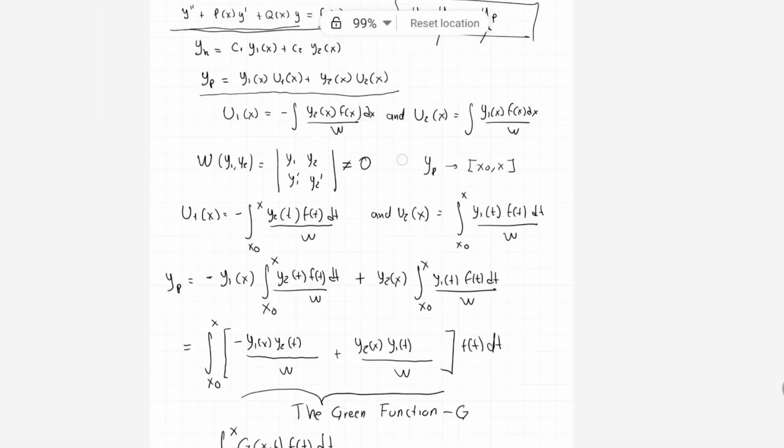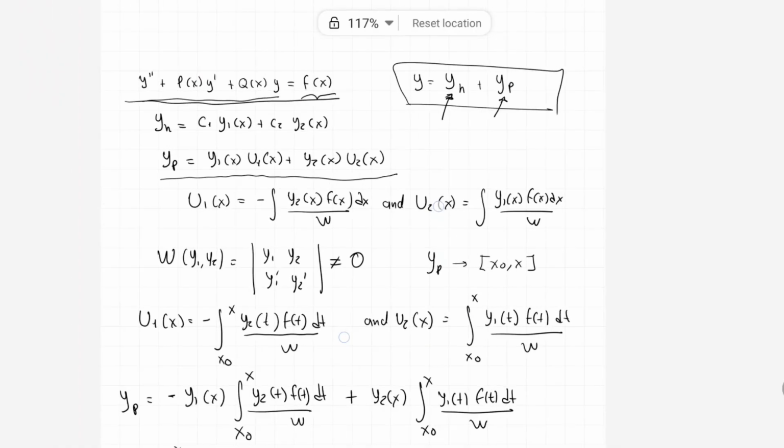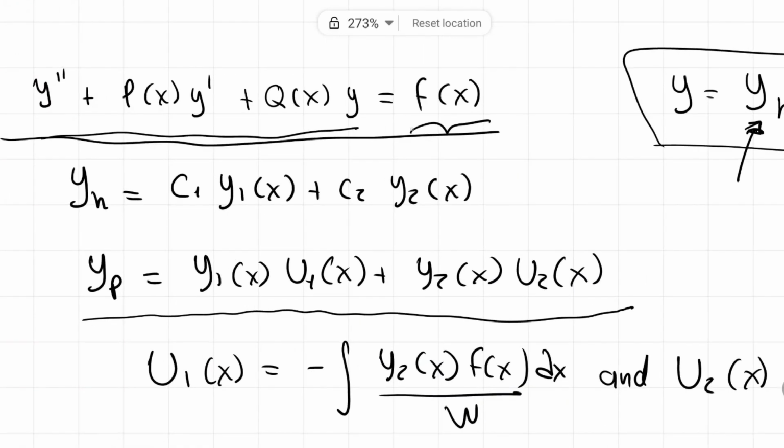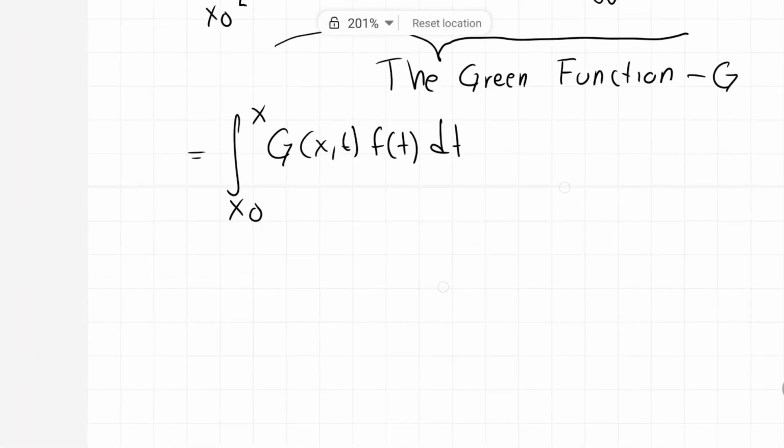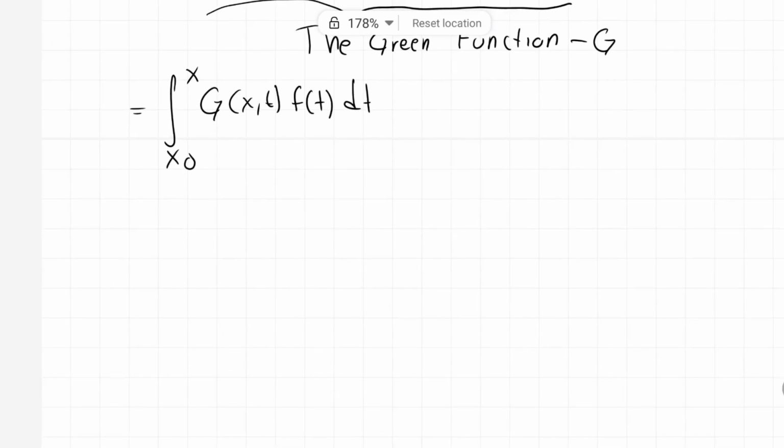And remember that f of t is the function that we have here in the definition of the differential equation, but evaluated at x equals t. Okay, so now we have defined the Green function, which is defined in terms of a differential equation.